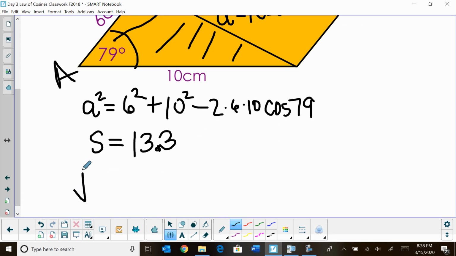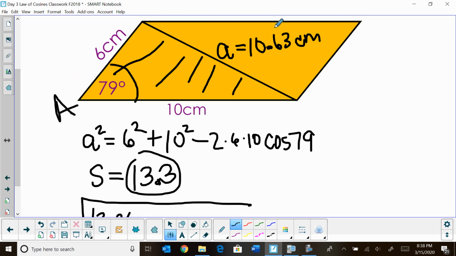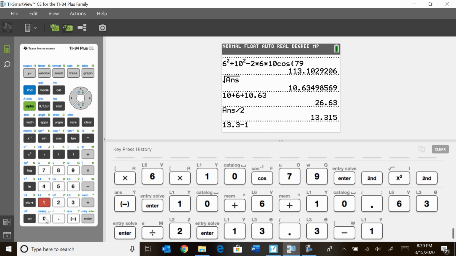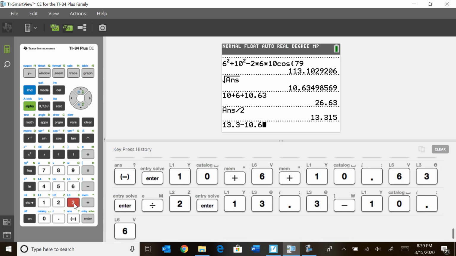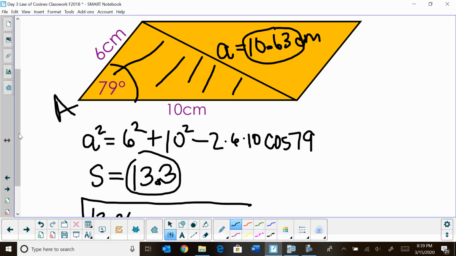Now in Heron's formula, I'm going to take S times S minus A. So S, the semi-perimeter, minus A. A is 10.63. Let's calculate that. 13.3 minus 10.63, and that gives me 2.67.